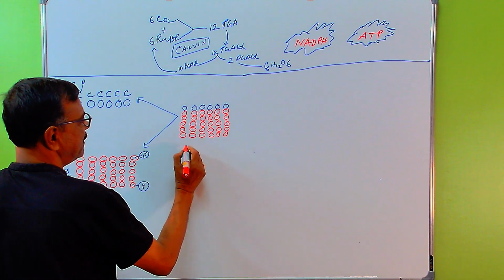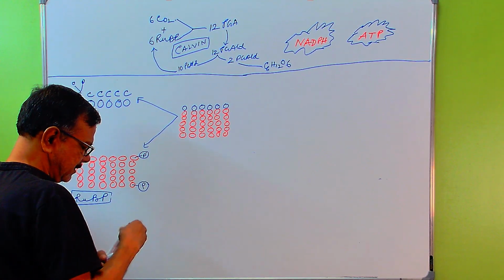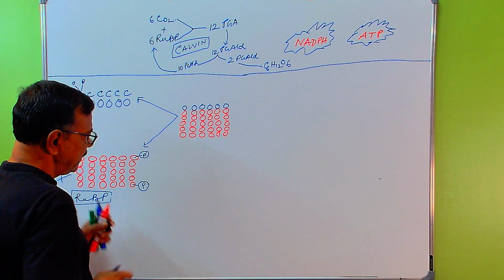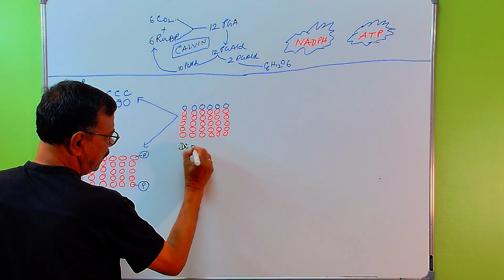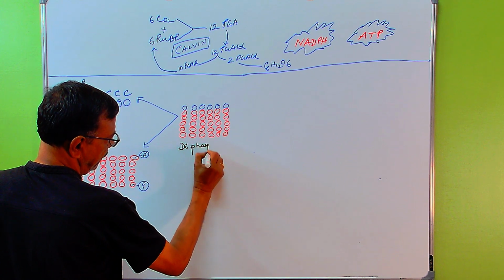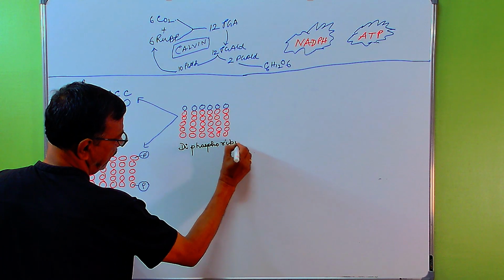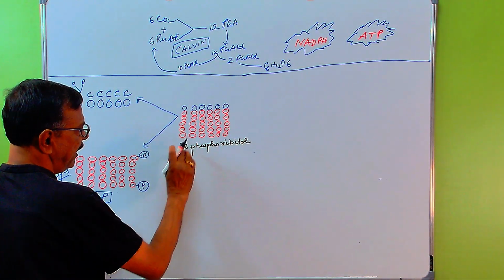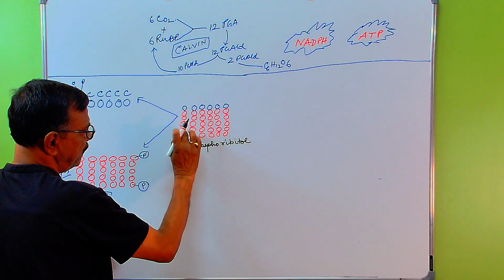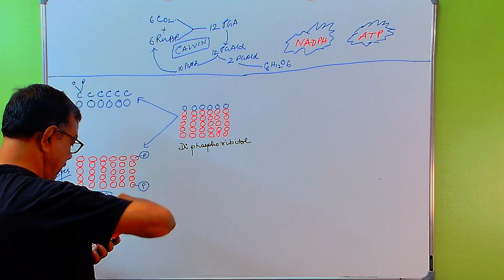This intermediate is called diphosphorebutol. It is a 6 carbon compound.